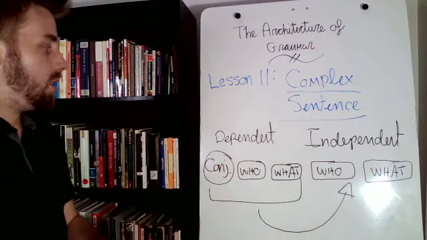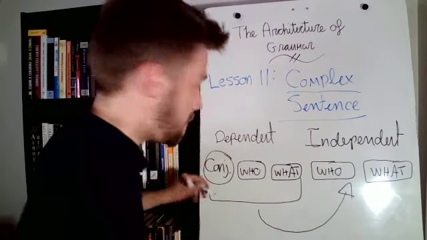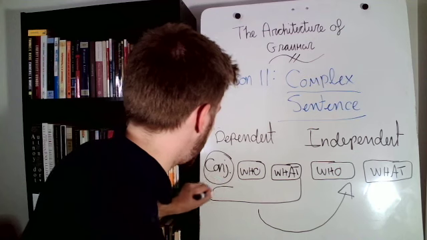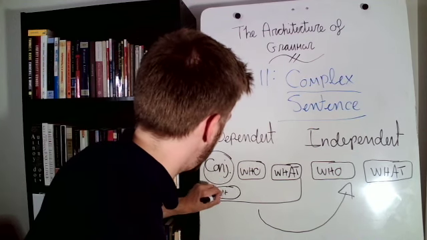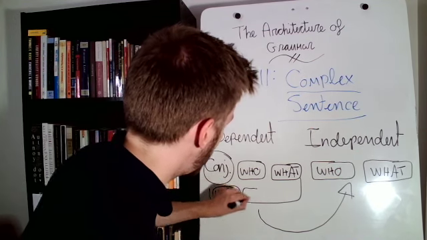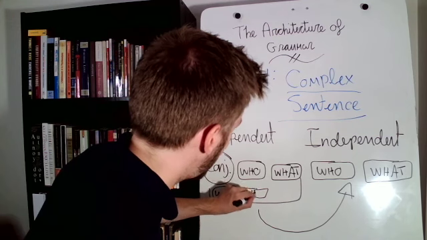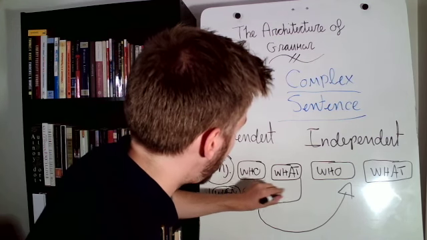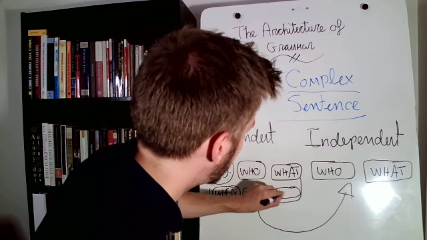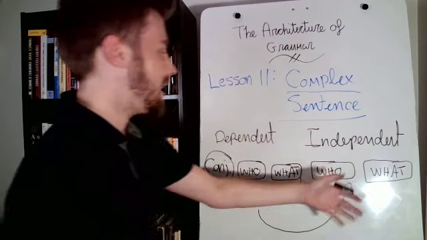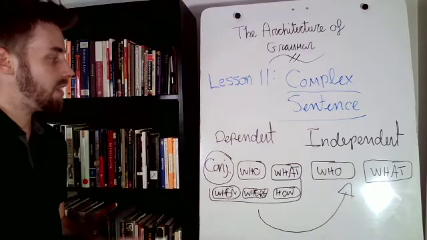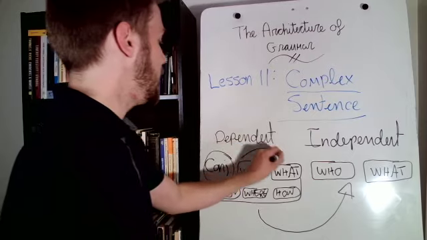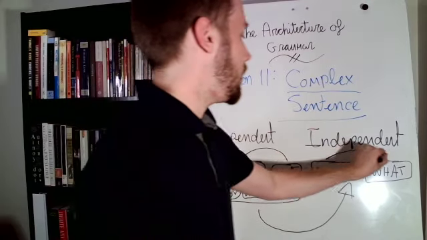And again, we could have a whole bunch of other blocks. We could have when, where, how, and why. And the same thing is true here. Again, these two are the grammatical requirement.